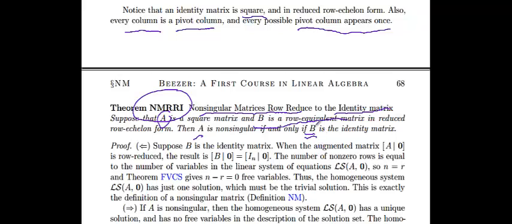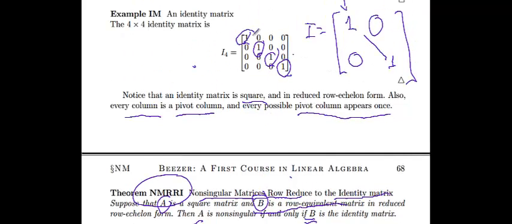Now think about what's going on here. If your row reduced matrix looks like the identity, then what can you say about the set of solutions?